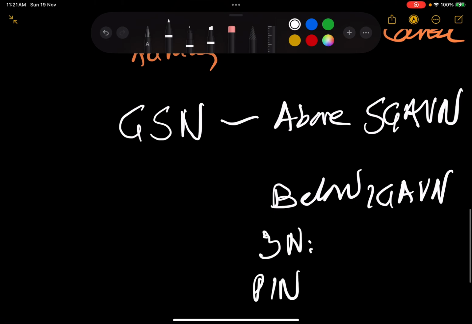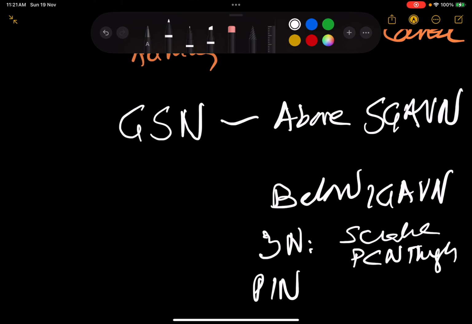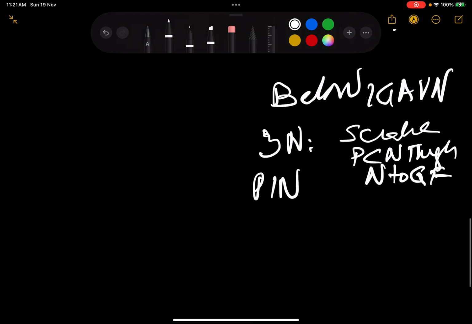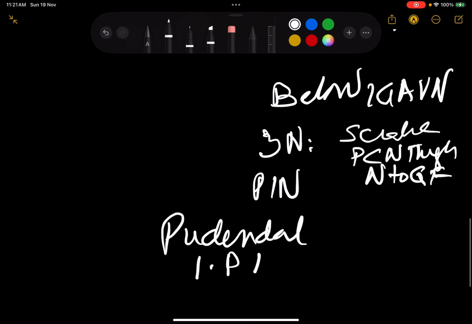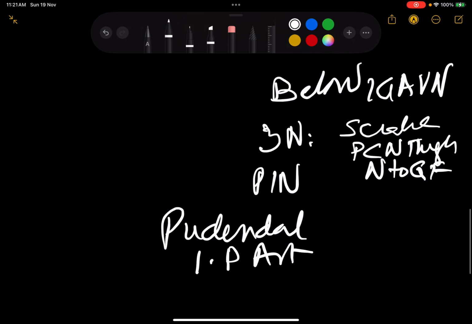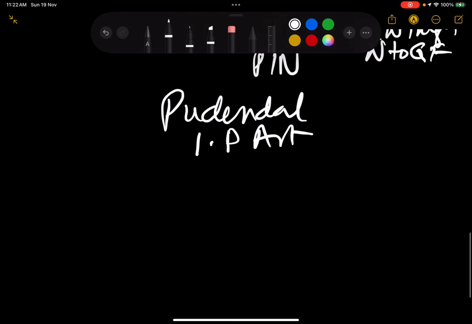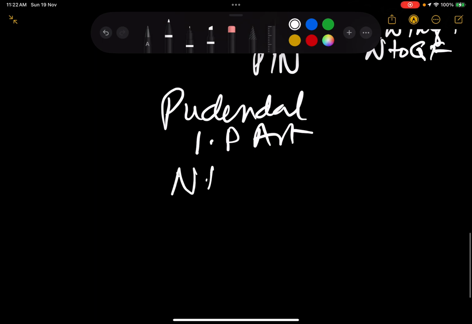The three nerves are sciatic, posterior cutaneous nerve of thigh, nerve to quadratus femoris. The pin structures are pudendal nerve, internal pudendal artery, and nerve to obturator internus.